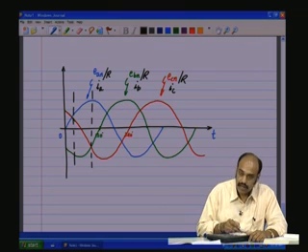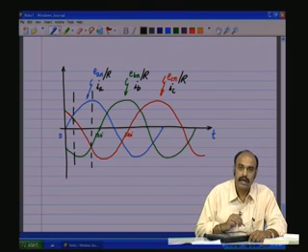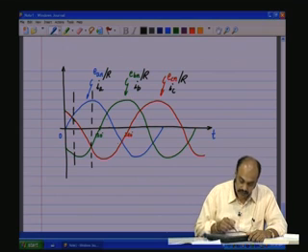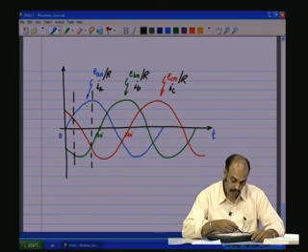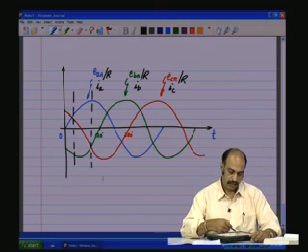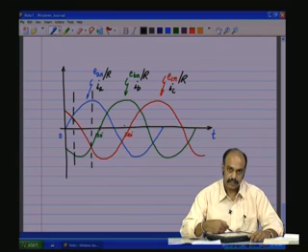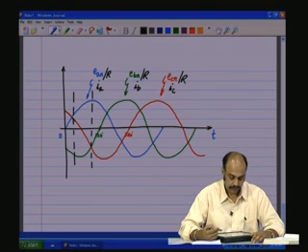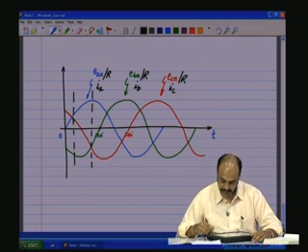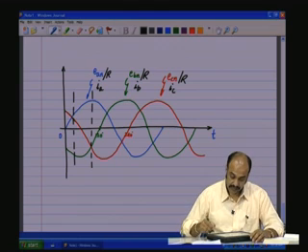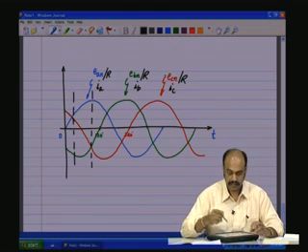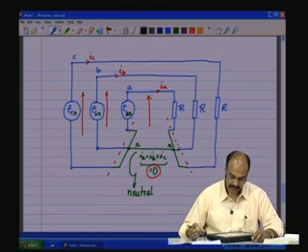So, EAN by R is IA, EBN by R is IB, ECN by R is IC. So, they also will be similar. So, you will see that at every instant of time IA plus IB plus IC is equal to 0, but this will happen only if the R's are the same, balanced loads, and the voltages are the same.